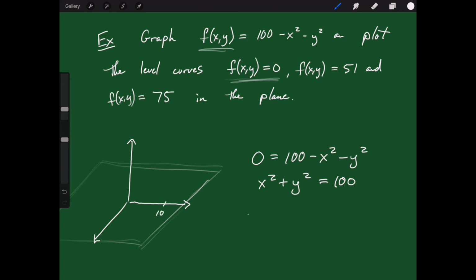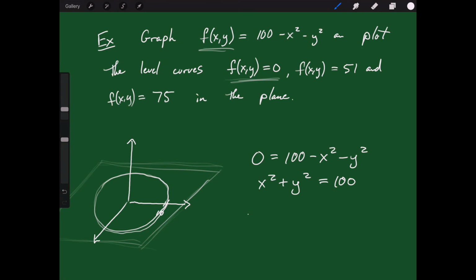So if this is 10 out here, I get this circle of radius 10. Right? And that's how this plane intersects this surface, is in that circle. So if I cut the surface at z equals 0, I get that circle.